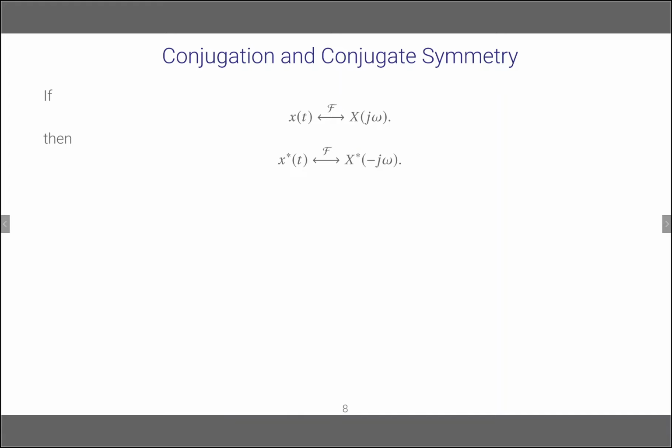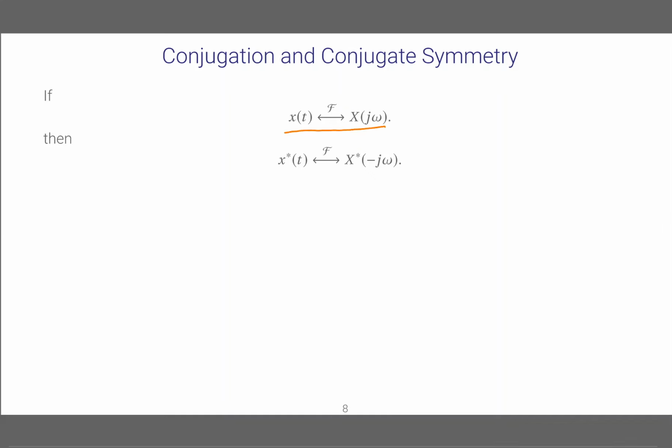Alright, now let's look at conjugation and conjugate symmetry. In this case also we are given x(t) and its Fourier transform is X(j omega), and we want to find out the Fourier transform of the conjugated signal x star(t).